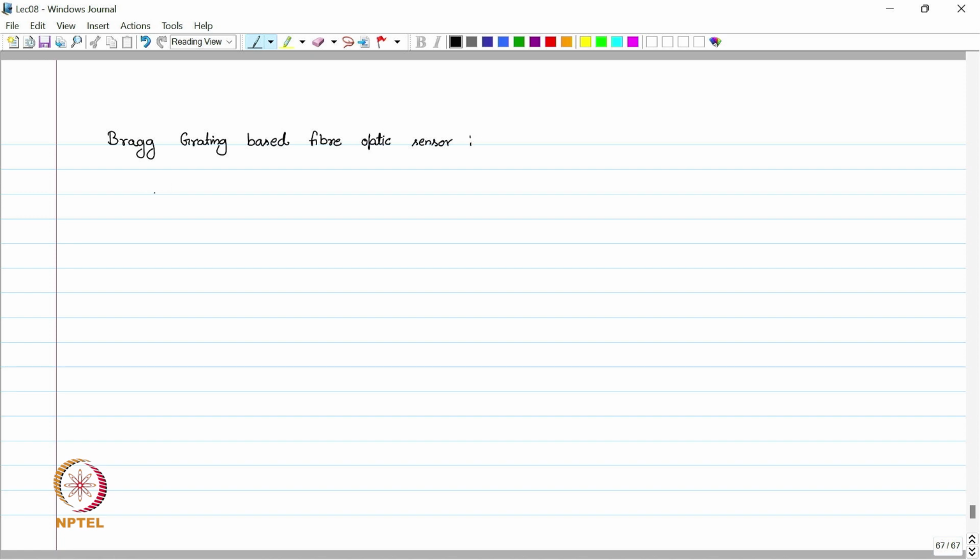So this fiber Bragg grating, or in short we sometimes call it FBG, is a type of distributed sensor.